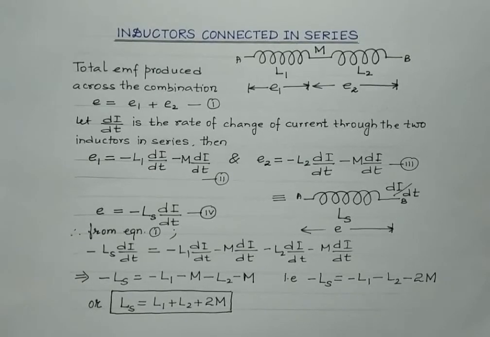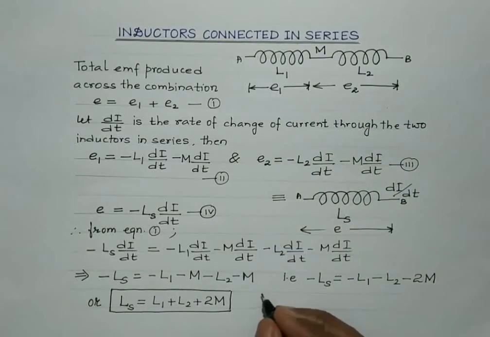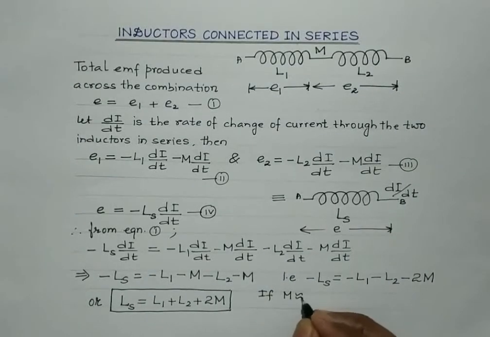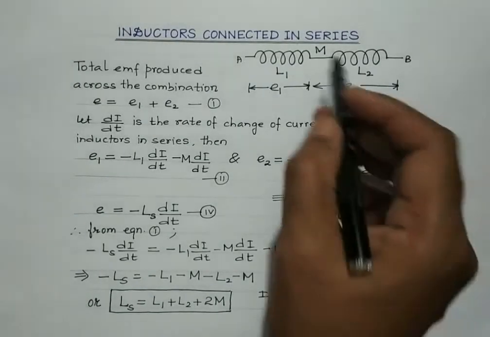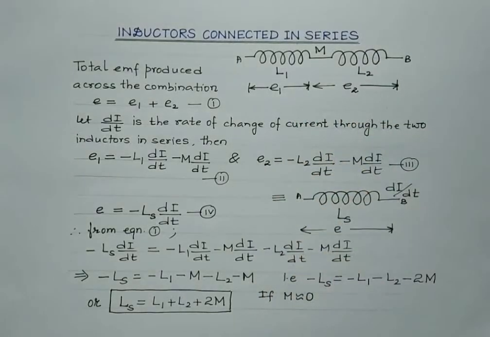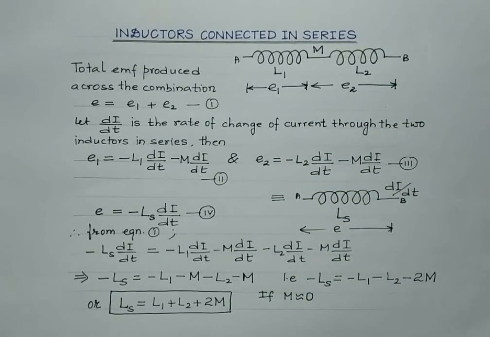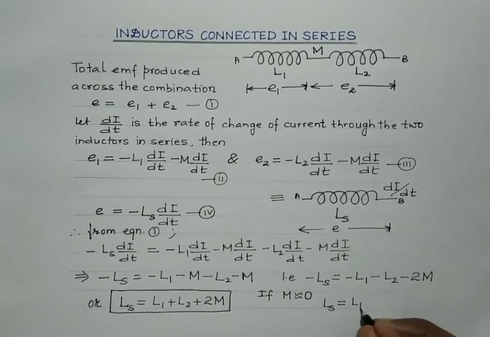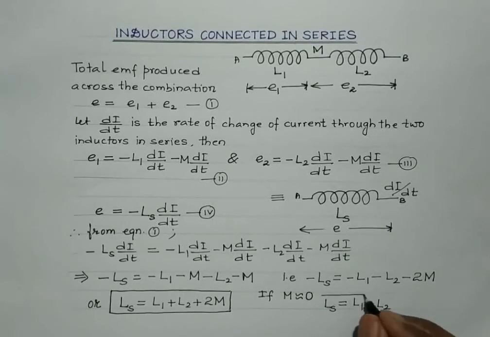Now remember one thing, if the mutual inductance between the two coils is given to be negligible, or it's not given, its value is not given in a numerical, so the value of M is to be neglected. In such a case, the net effective inductance in the series grouping is given by simply Ls is equal to L1 plus L2, right?